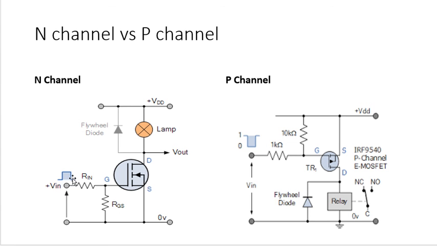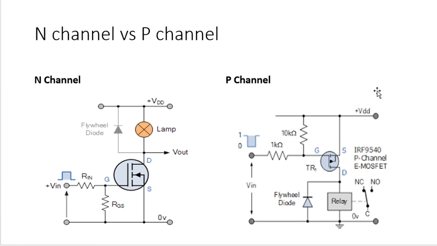Also, when you provide a positive signal to this gate and this resistor is not connected, then because of some charges it will not immediately turn off. So for that reason also we have to connect an RGS resistor here. It will protect the MOSFET from false triggering, and it will immediately switch off the MOSFET when the gate pulse is removed.